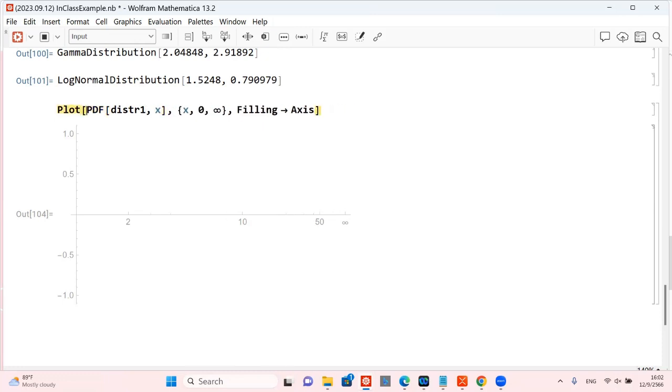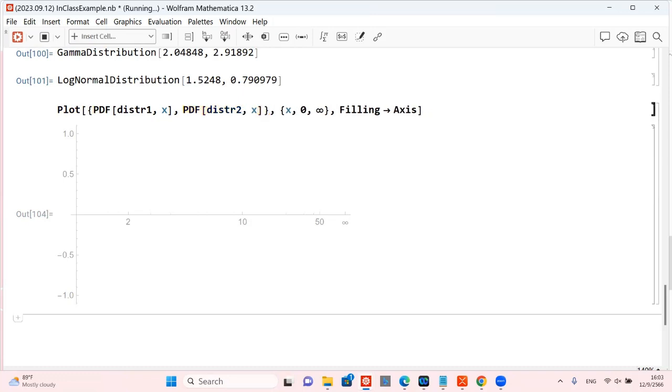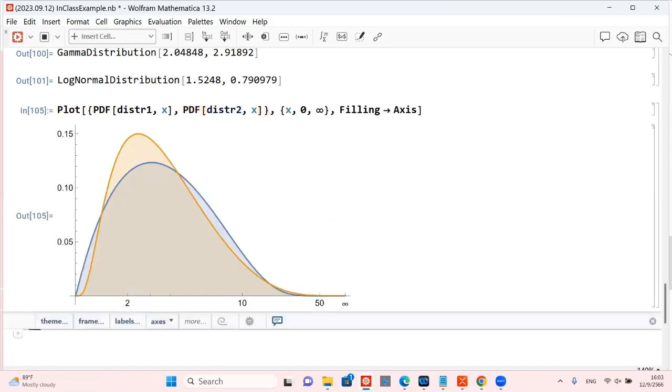Okay, I want to plot PDF1 and PDF2. So it's different, right? Different, actually.